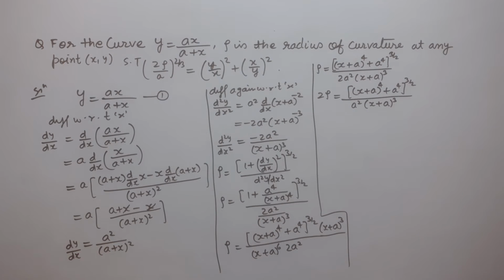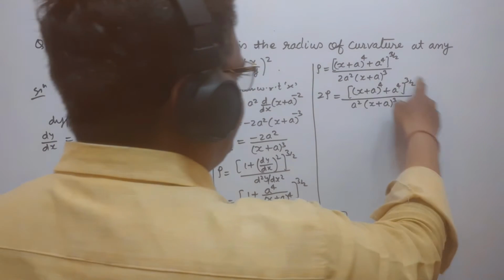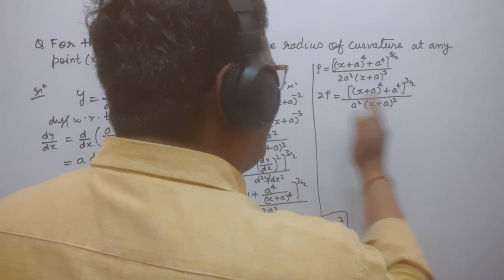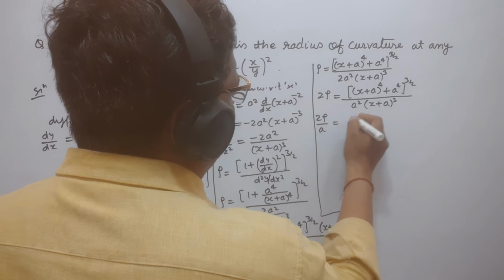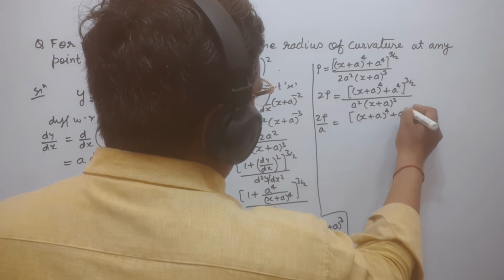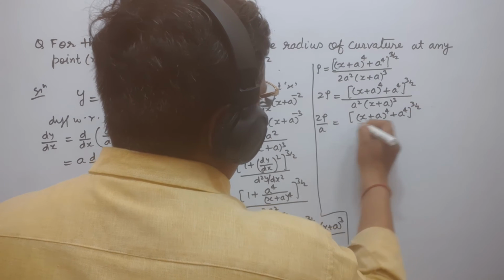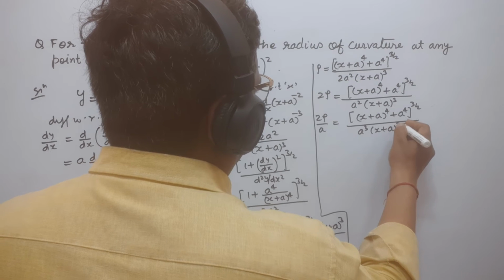Here we can see in this proving here 2 rho upon a. So this equation divided by a in both the sides. So we get here 2 rho divided by a and here (x plus a) whole power 4 plus a power 4, whole power 3 by 2, and here a cube (x plus a) whole cube.